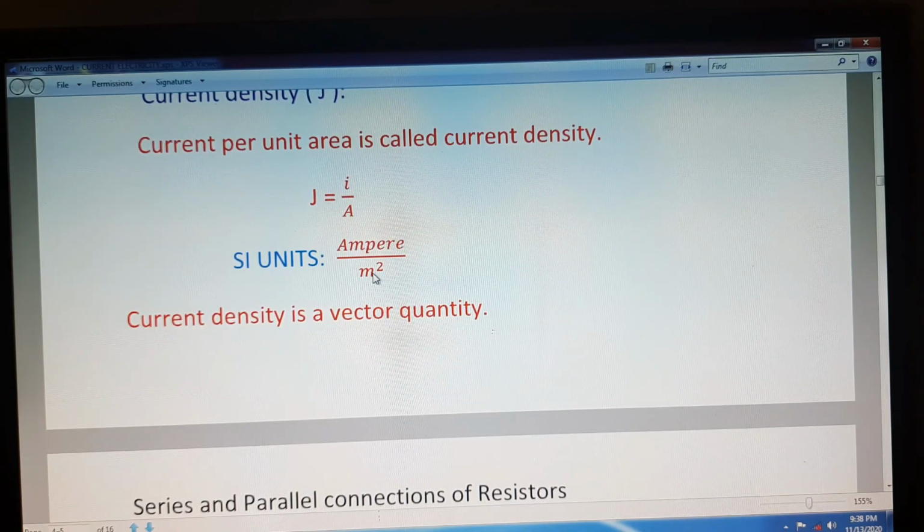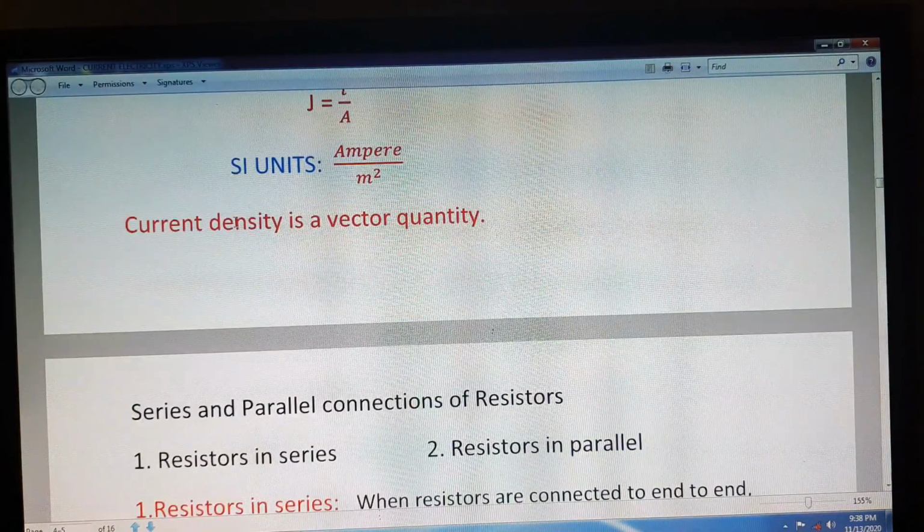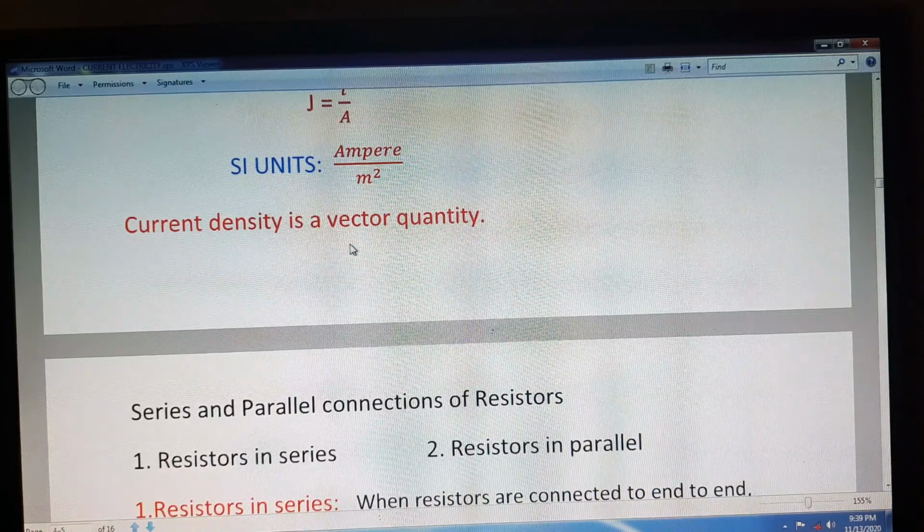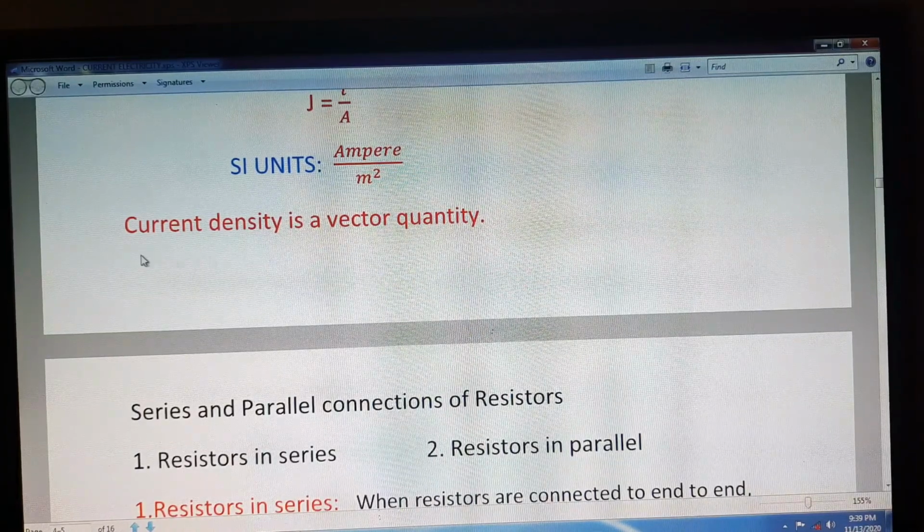Ampere per meter square, where current is measured in amperes and area of cross section in meter square. So ampere per meter square is the SI unit of current density. Current density is a vector quantity, meaning it has both direction and magnitude.